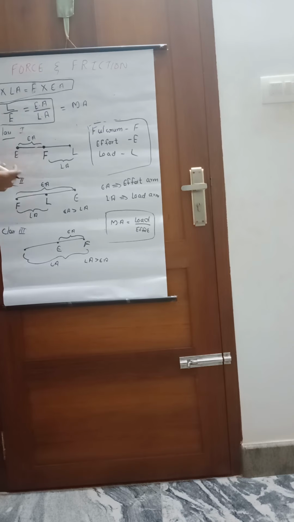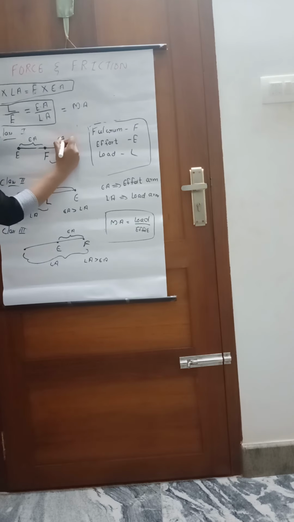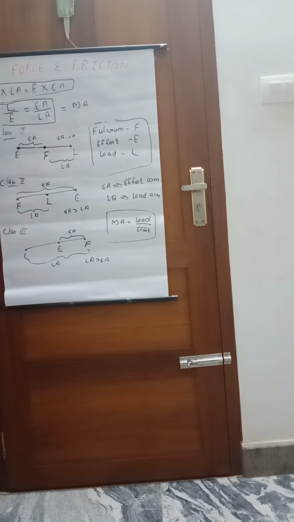Now look at the cases of class 1 lever, class 2 lever and class 3 lever. Here we don't know how much is load and how much is effort, but just by seeing, we can assume the length of this effort arm and load arm in all these cases. Here in this case, effort arm is equal to load arm.